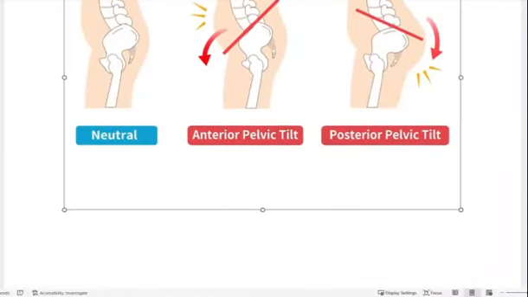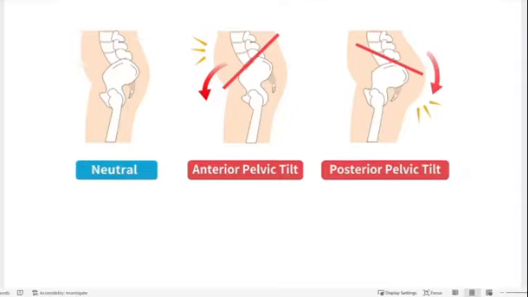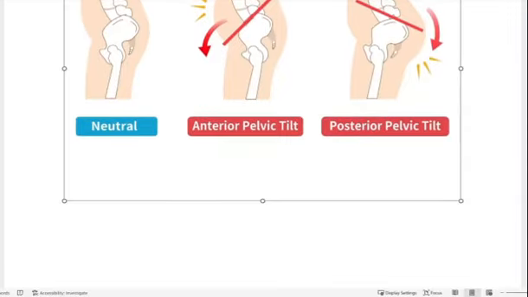Now, one more concept I want you to think about is anterior and posterior pelvic tilt, and how that is affecting your spinal posture, since we are talking about posture from the spinal context.